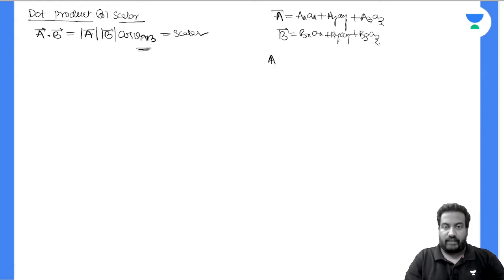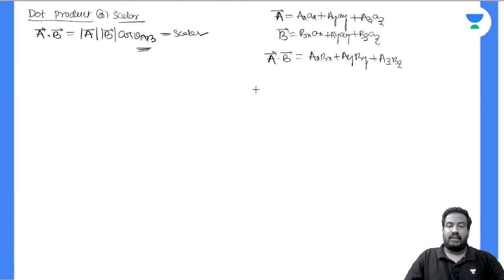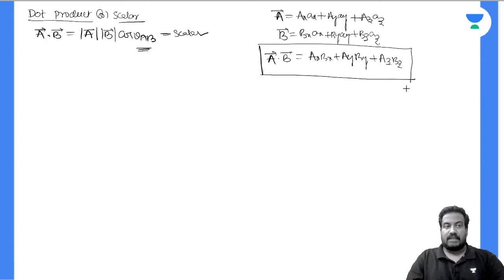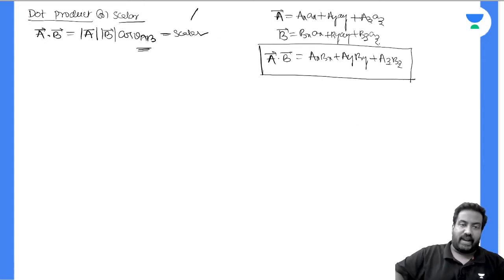When angle is not given, the dot product is given by A dot B is equal to AX BX plus AY BY plus AZ BZ. This is when angle is not given, and this is when angle is given.